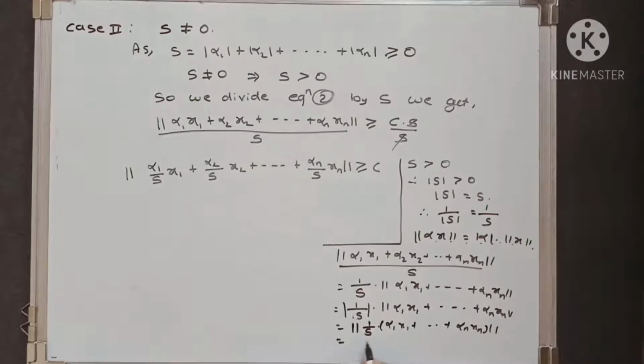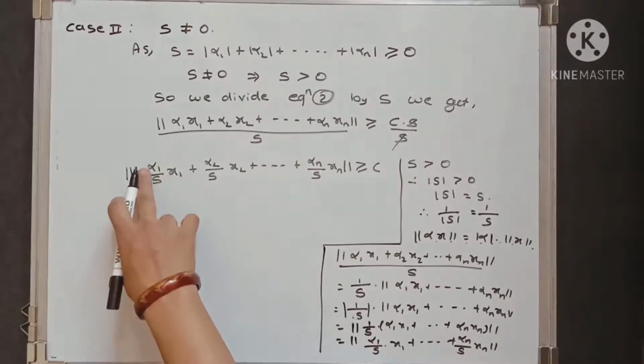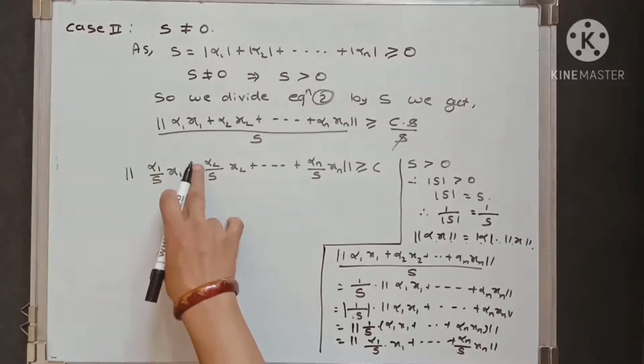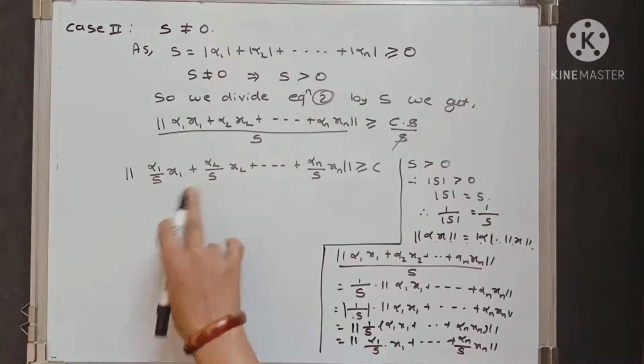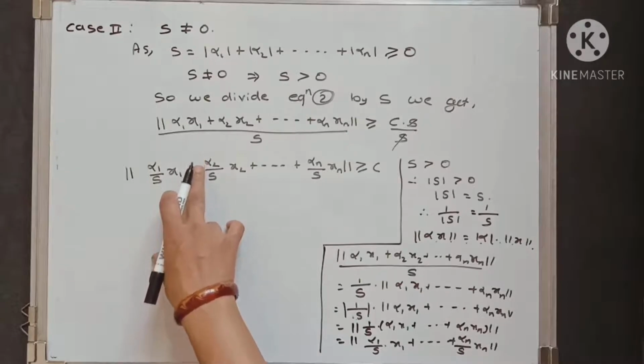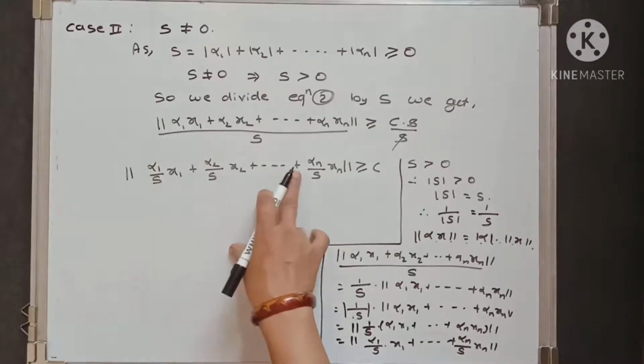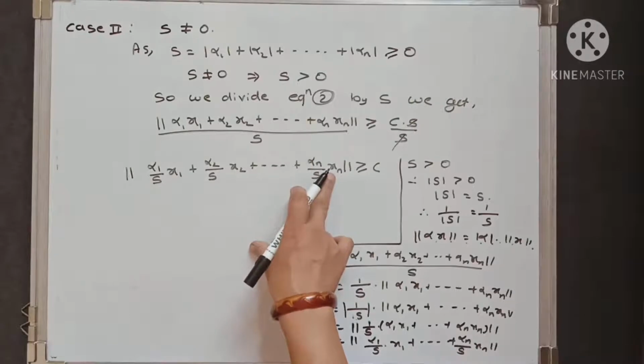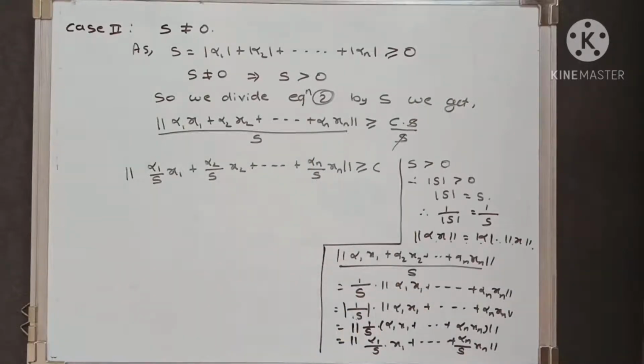It is equal to norm of alpha 1 by s into x1 up to alpha n by s into xn. This is the simplified form, and hence we write down that norm of alpha 1 by s into x1 plus alpha 2 by s into x2 up to alpha n by s into xn is greater than or equal to c.